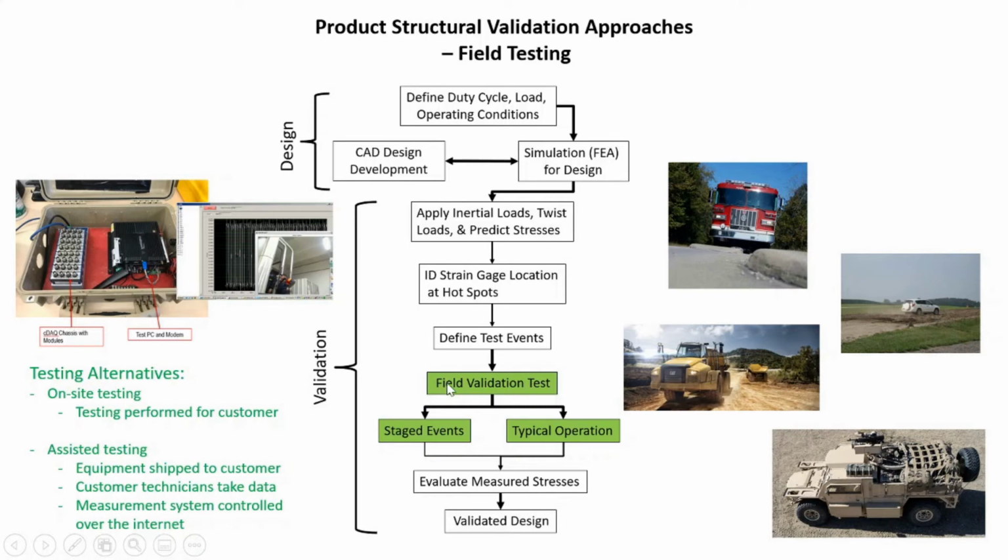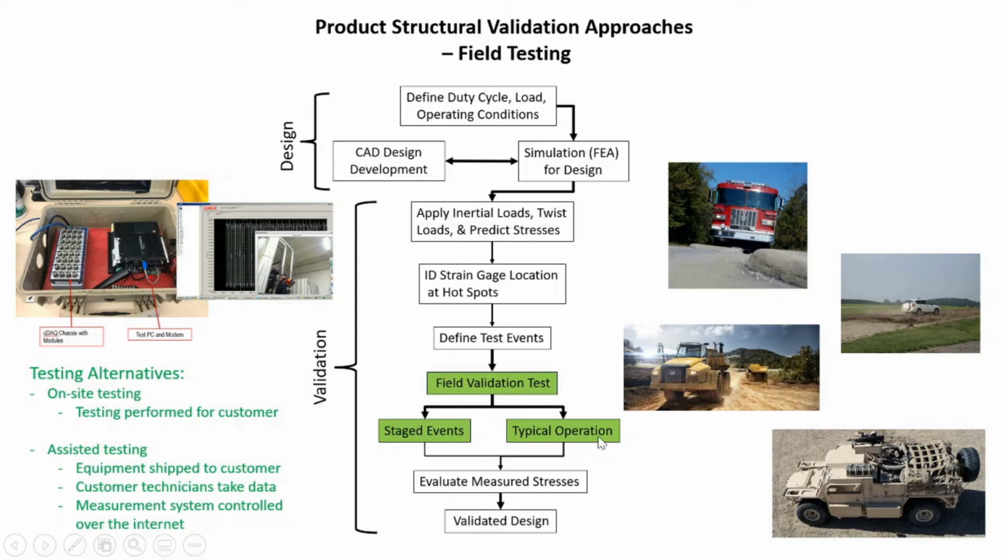Our field validation testing can basically be broken up into two types of activities: staged events and typical operation. Staged events, for example, might be a twist load put on the structure, or perhaps loading the structure from empty to full while recording the stress and strain data.